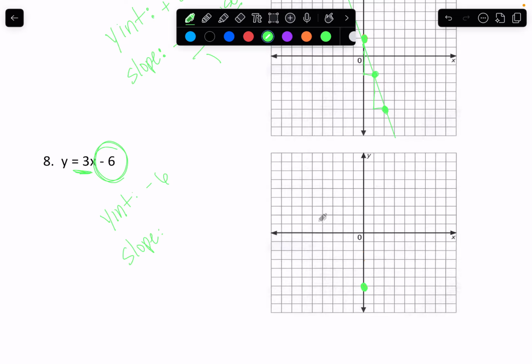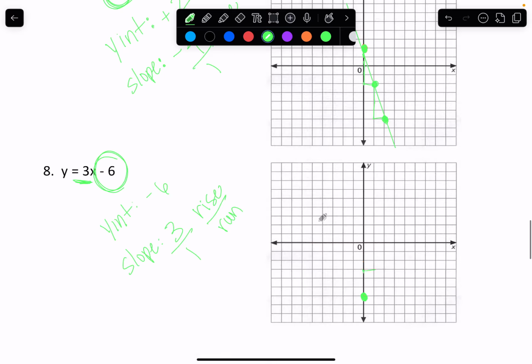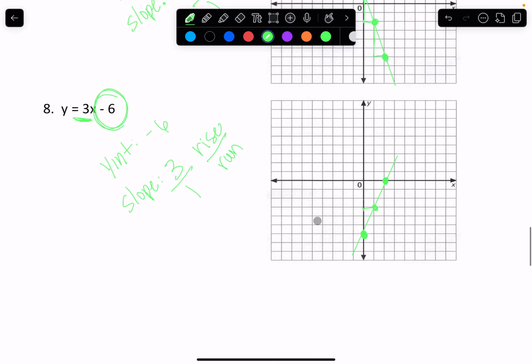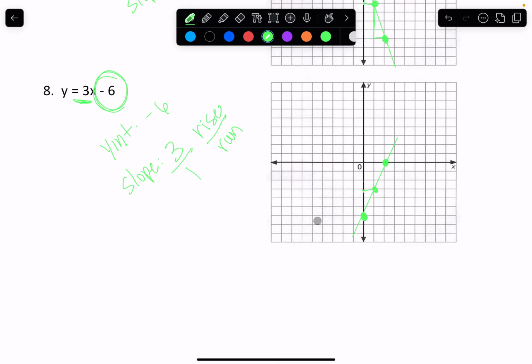Slope is going to be 3, same thing as 3 over 1. Up 3 over 1. Make a line. There we go. That is not too bad, right?